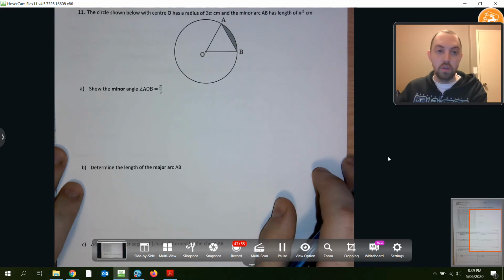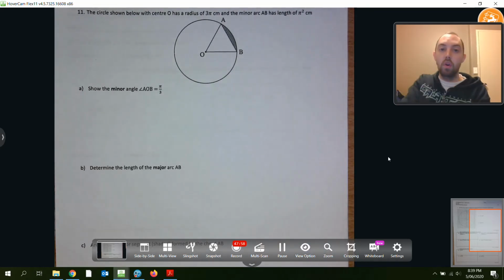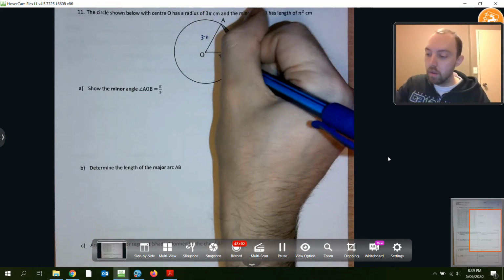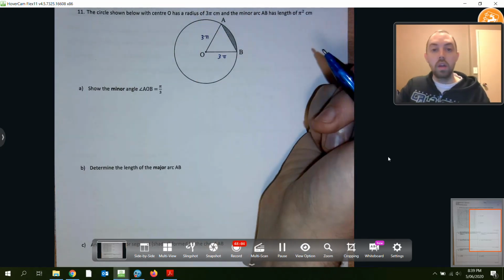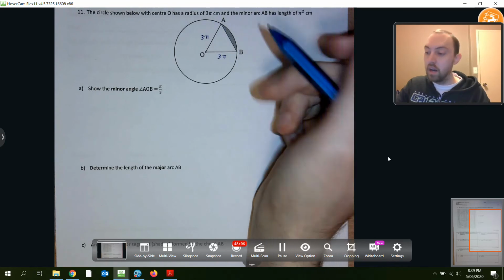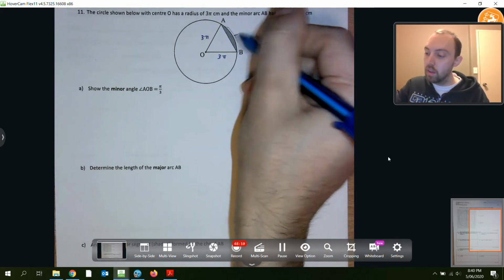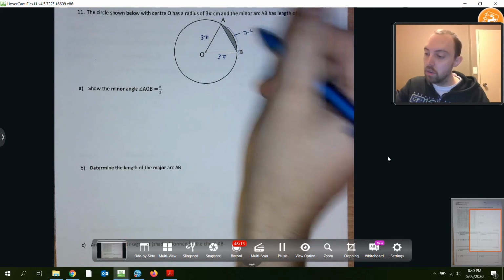11. The circle shown below with center O has radius 3 pi. Okay, and the minor arc, the minor being the smaller arc, has a length of pi squared.